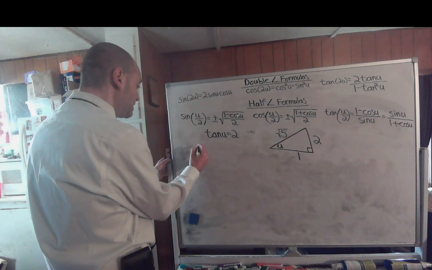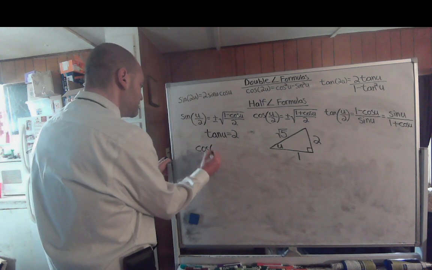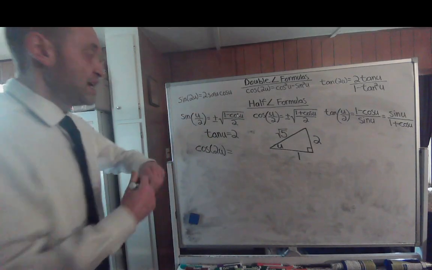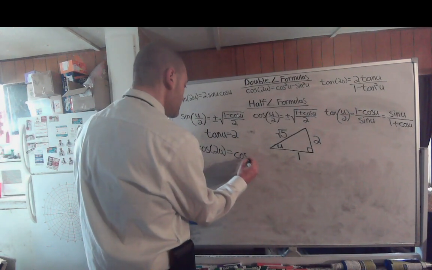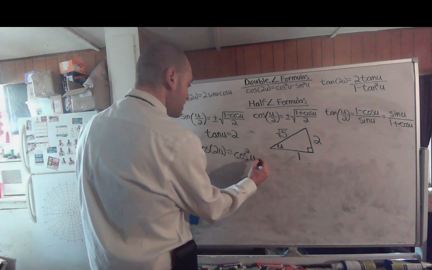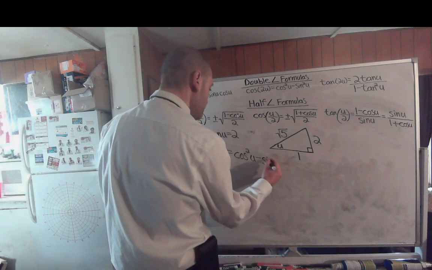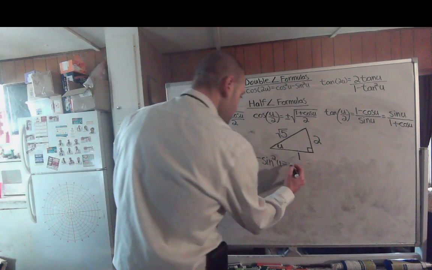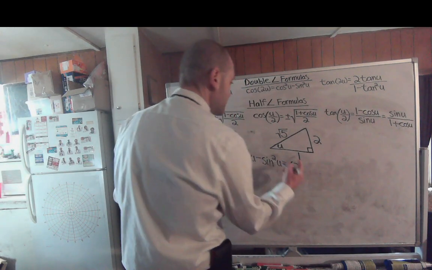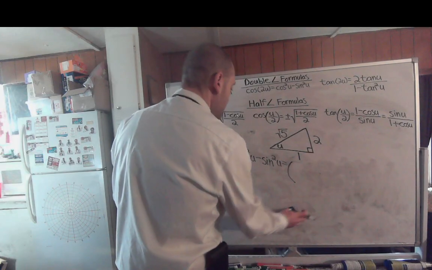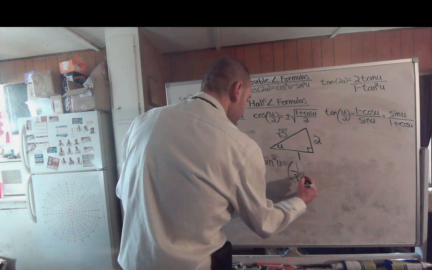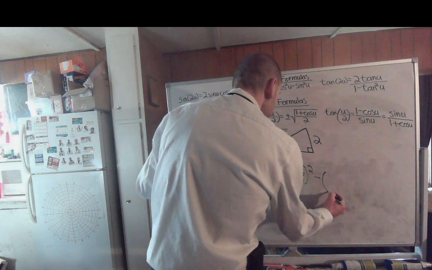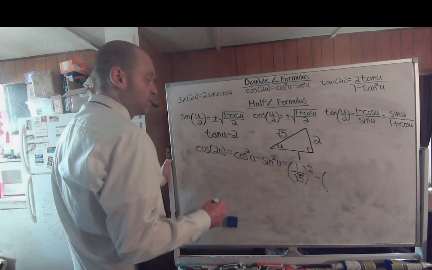Alright, so last but not least, let's find the cosine of 2u. So the cosine of a double angle is the same as the cosine squared of the original angle, cosine squared of u minus the sine squared of u. Which, what is the cosine of u? Well, that's 1 over the square root of 5, but we have to square that quantity since it's cosine squared, minus what is going to be your sine.